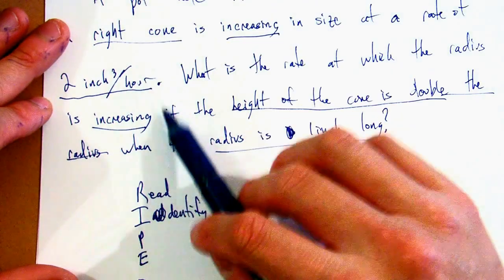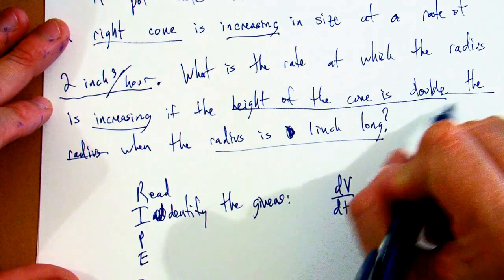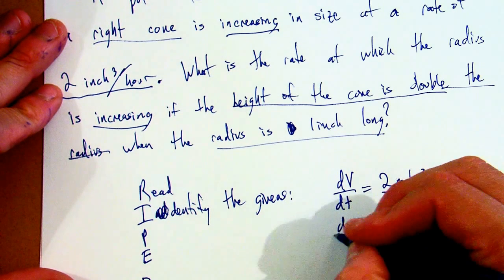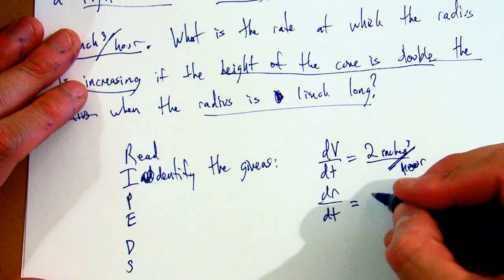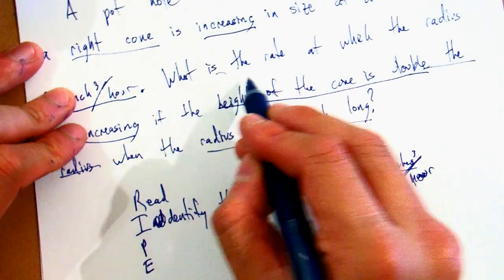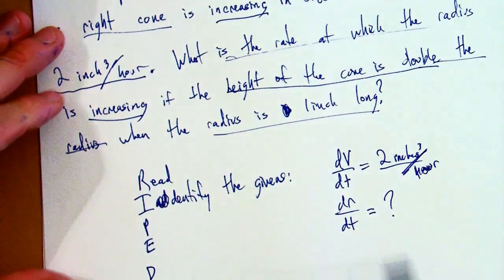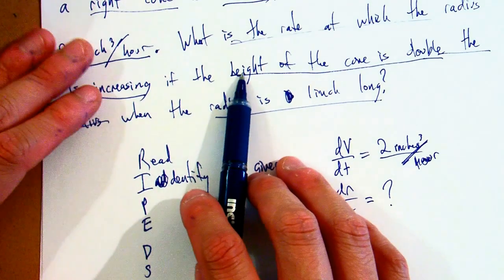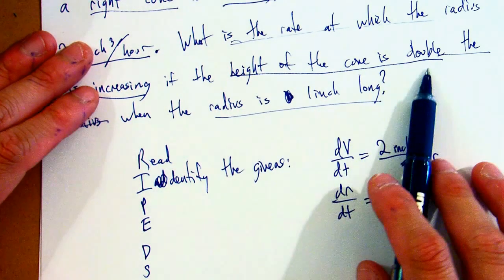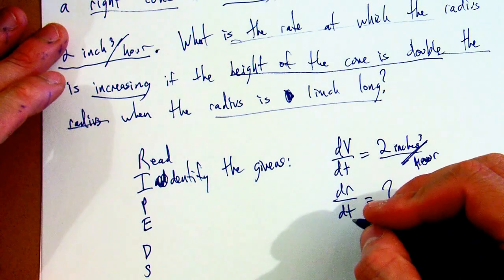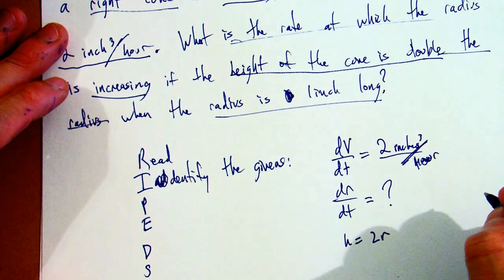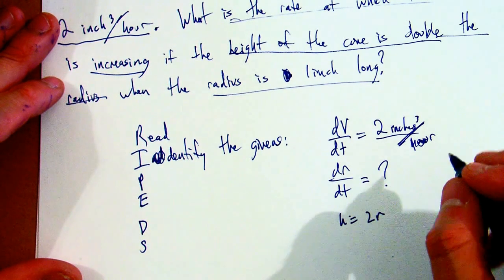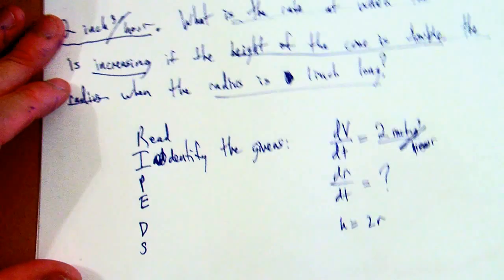Volume is always cubed. What is the rate at which the radius is increasing? So I know dr/dt, this is how the radius is changing. This is what I'm trying to find here. And it says the height of the cone is double the radius. So we know that the height is equal to 2 times the radius.